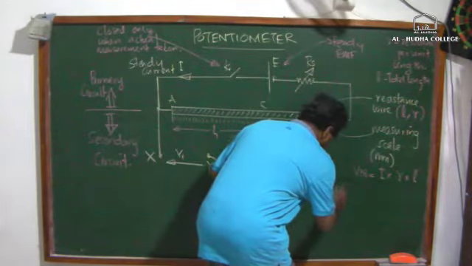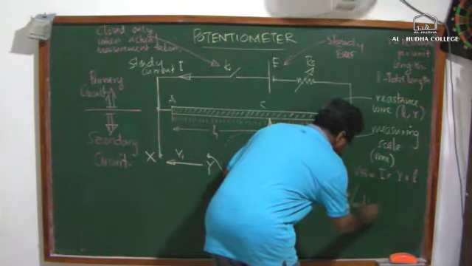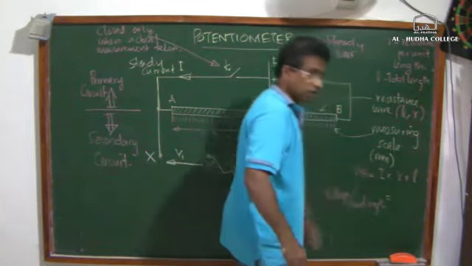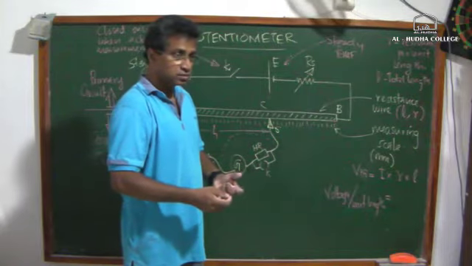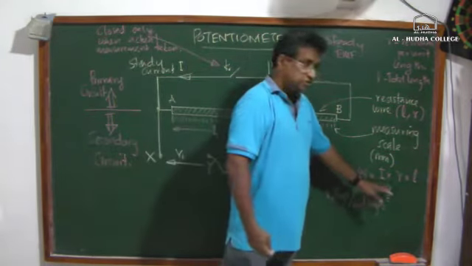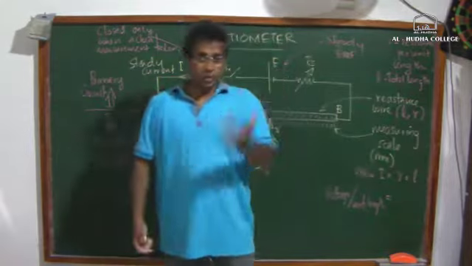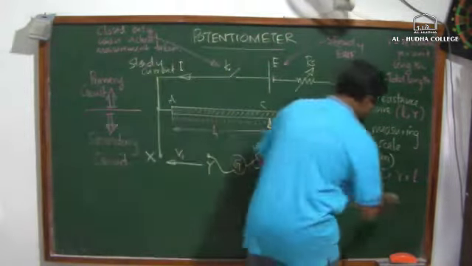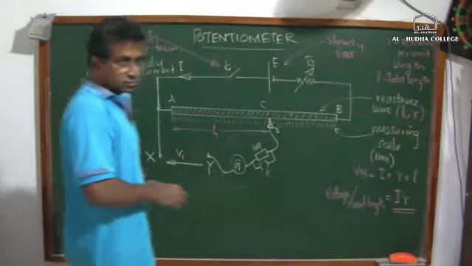If VAB is I into R into L, the voltage is I into R into L. Voltage per unit length, you would divide that by L. So I into R is the voltage per unit length.